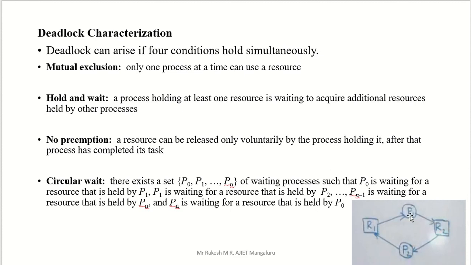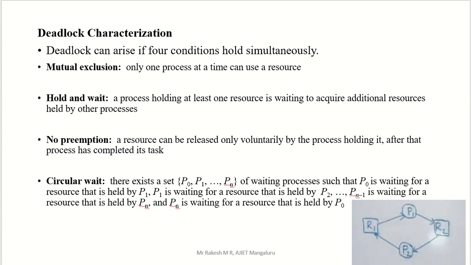A particular process holding some resource and waiting for another resource. This time we have deadlock. If you have this type of concept in any process method, at that time we get the deadlock concept, because it is holding one thing and waiting for another thing. There is no progress. So hold and wait may also lead to deadlock.